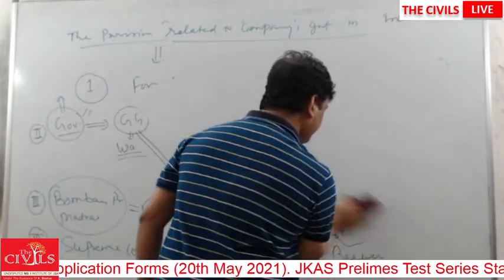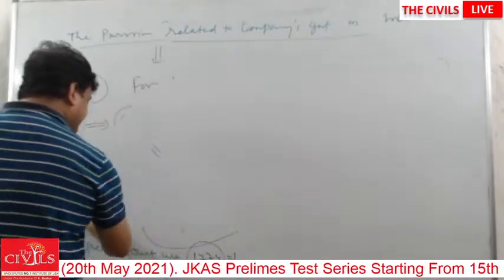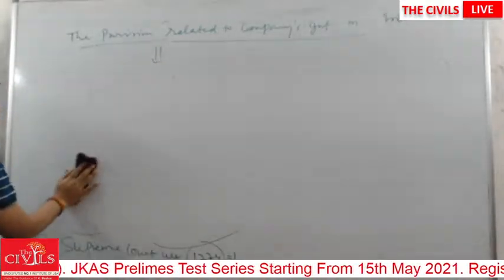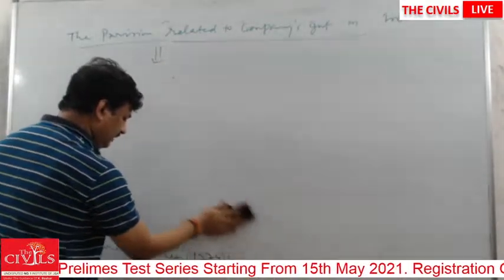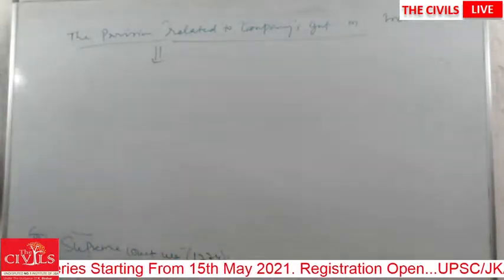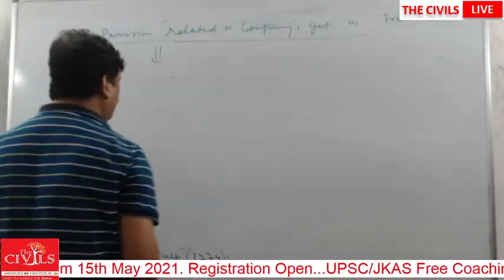Where was the Supreme Court established? In Calcutta, modern day Kolkata. This was established in 1774, and there were three judges in the Supreme Court.